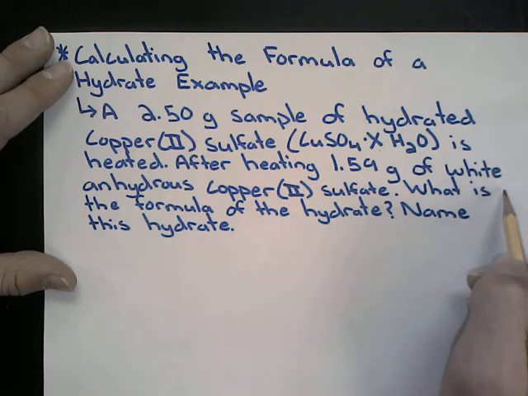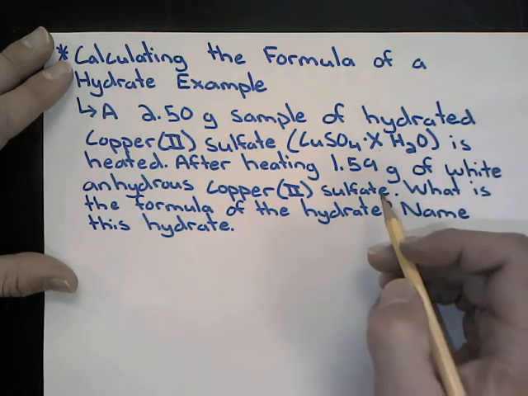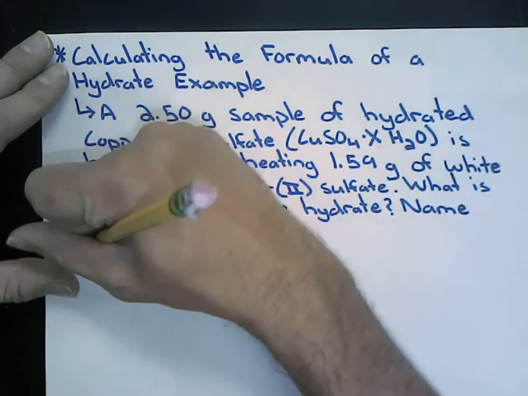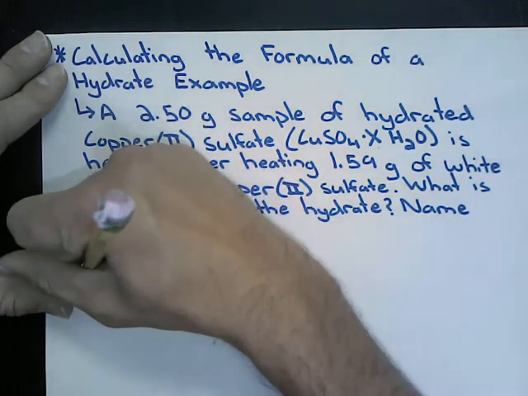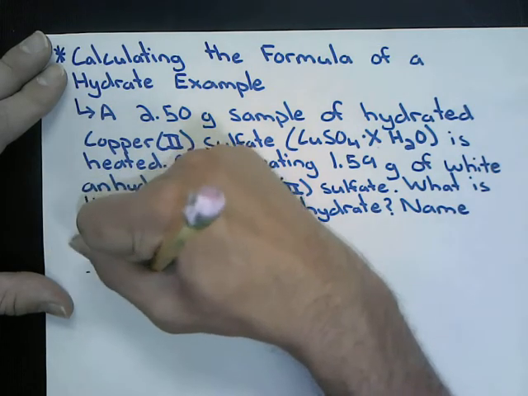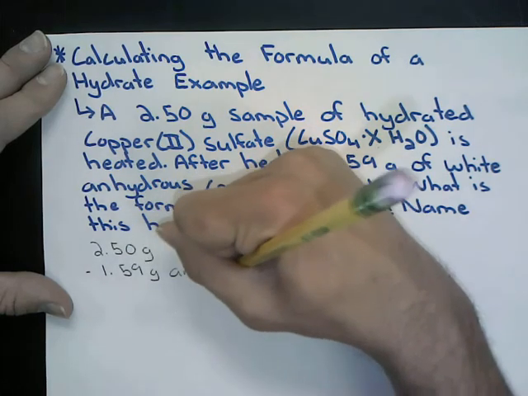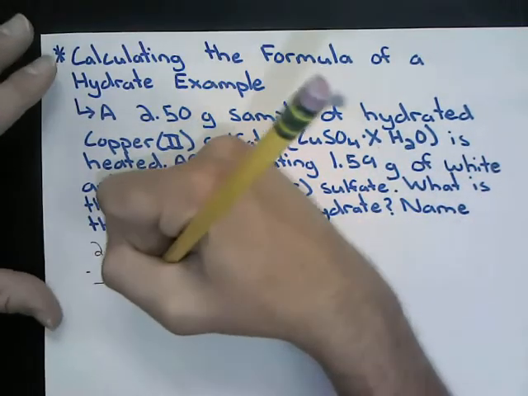So to find the number of grams of water, we need to take that number and subtract it from 2.5. Again, this is just to determine the number of grams of water. So I'm going to subtract the number of grams of anhydrous substance.